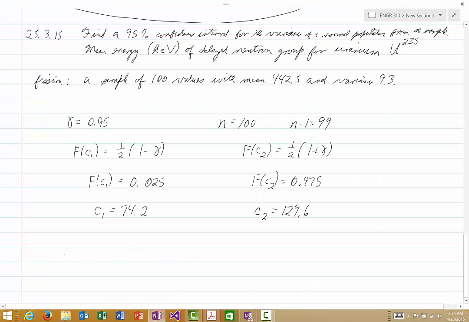N minus 1 times s squared will be equal to, again, n is equal to 100, so we have 100 minus 1, and s squared, well, we're given that the sample variance is 9.3. And so if we do this calculation, then n minus 1 times s squared will be 920.7.